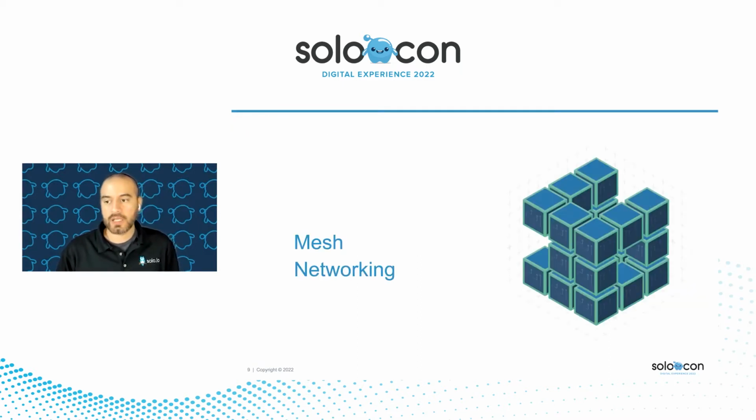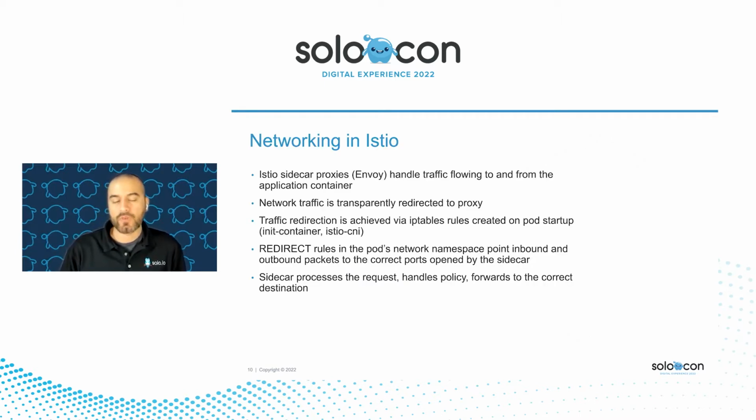So let's go ahead and dig into mesh networking, specifically Istio. We've already seen in the previous diagram how the Istio sidecar proxies, which are Envoy, live alongside your application. Those network proxies handle all of the traffic that's flowing to and from the application container.